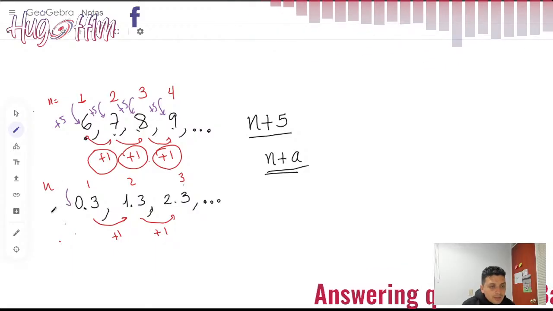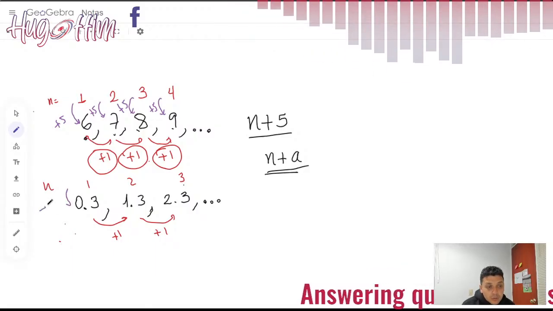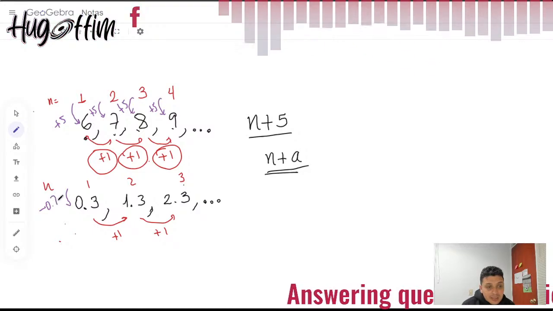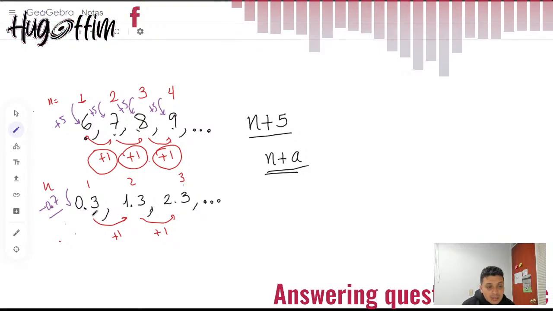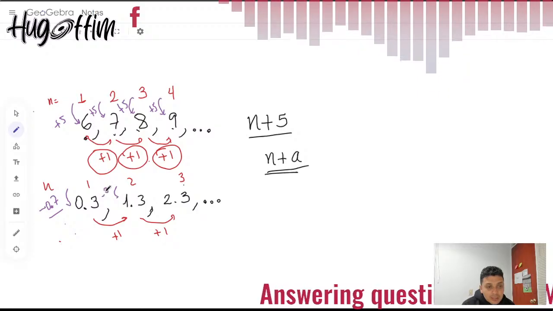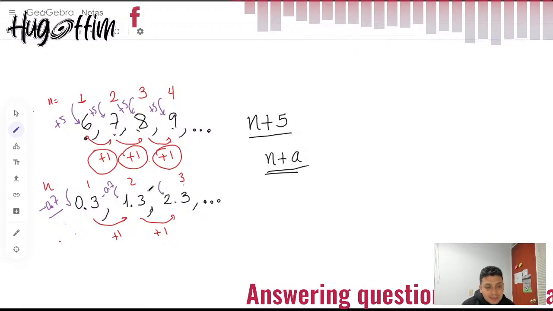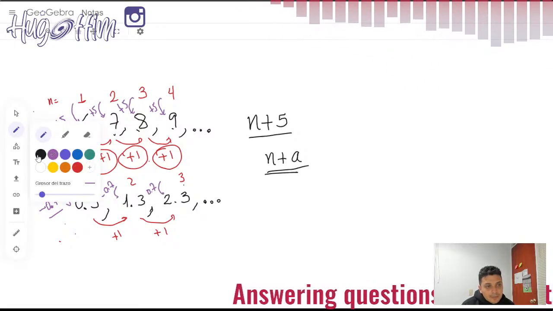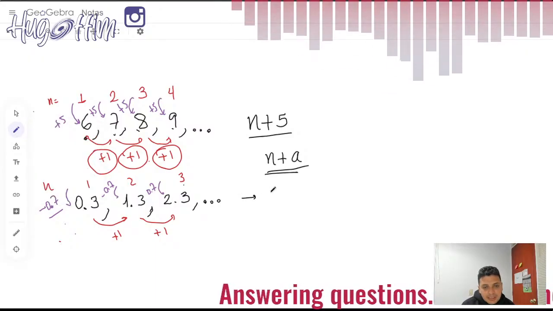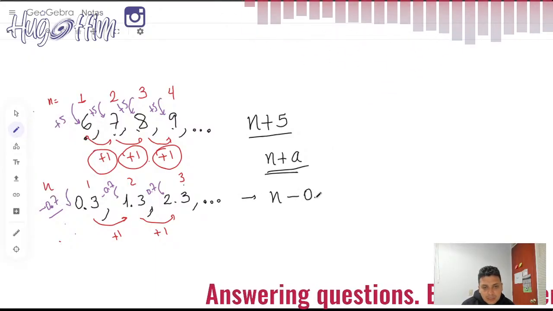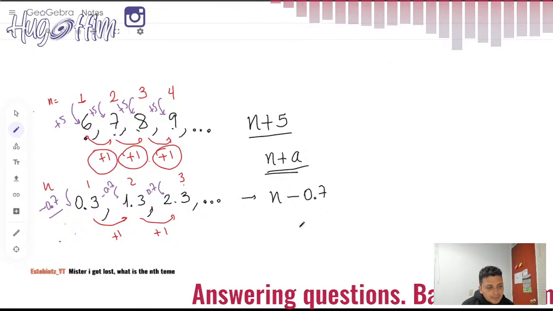If I take 1 and subtract 0.7, I'm going to get 0.3. So what I'm doing is subtracting 0.7.